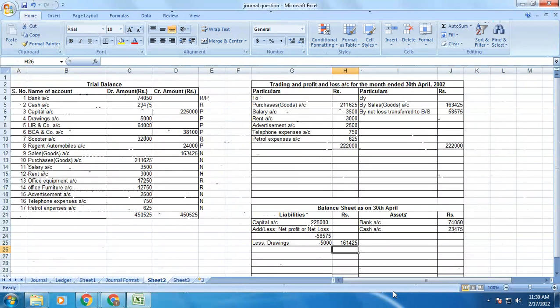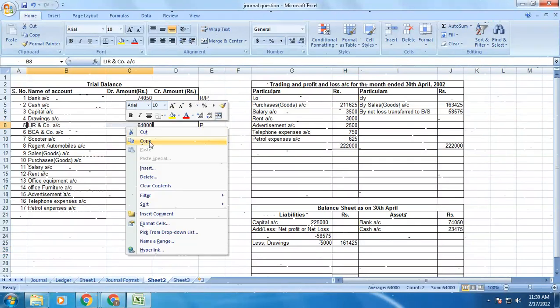So 1,61,425 is the net amount of capital that we find in the balance sheet. Okay? After that, the next personal account we have is LIR and company with a debit balance.